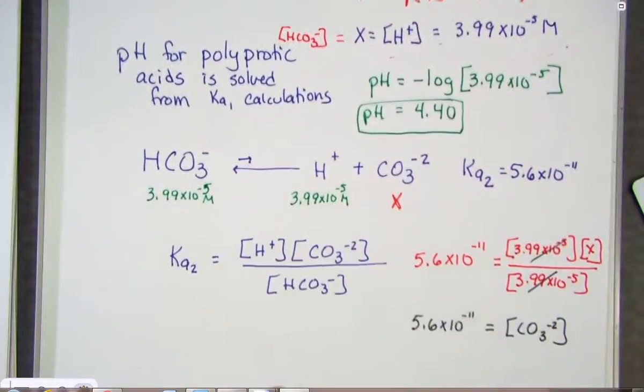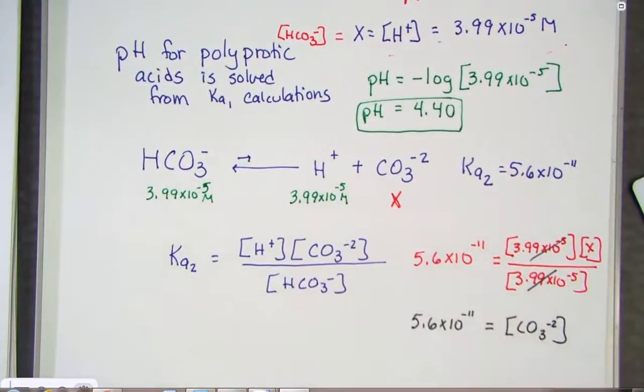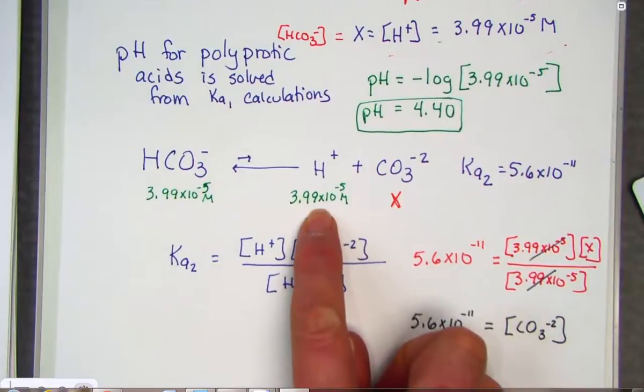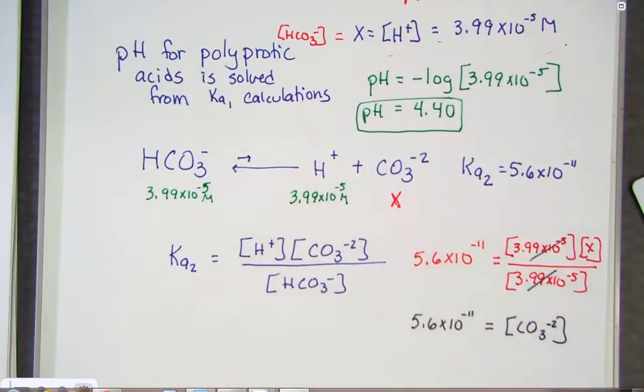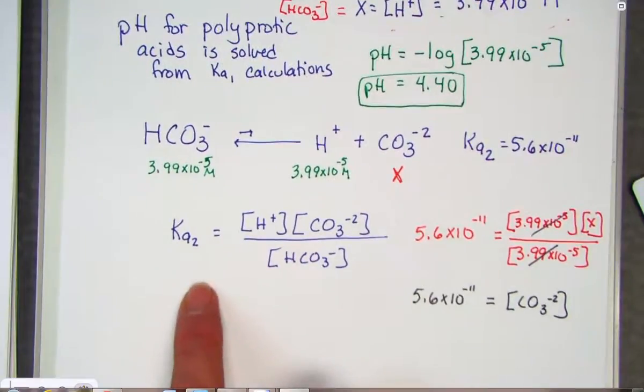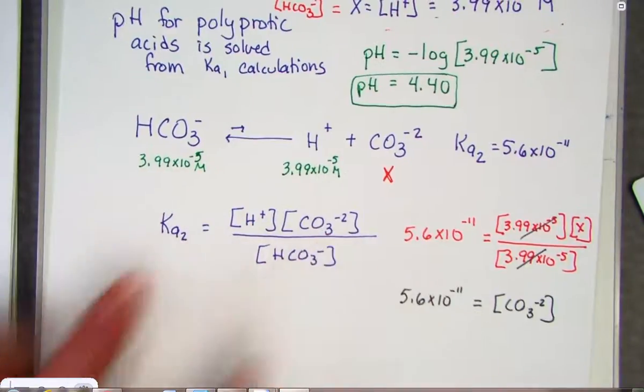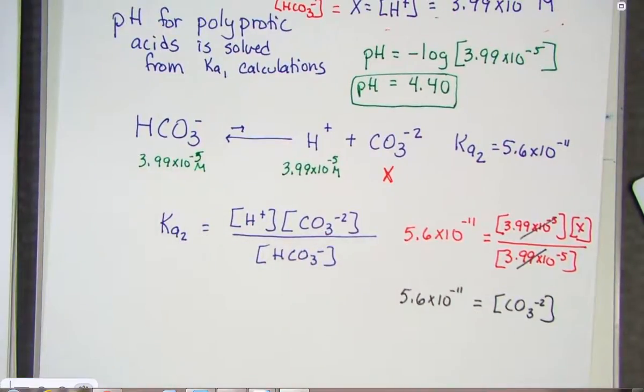But if we have to go on to solve for the negative ion in any successive step, we know to use the Ka1 concentration of hydrogen ion through every stepwise ionization thereafter. What's unique about a Ka2 is these two would cancel, and Ka2 becomes the direct molar concentration of carbonate.